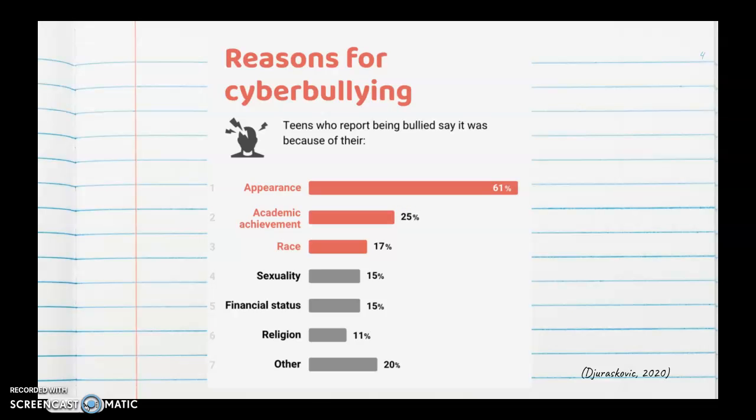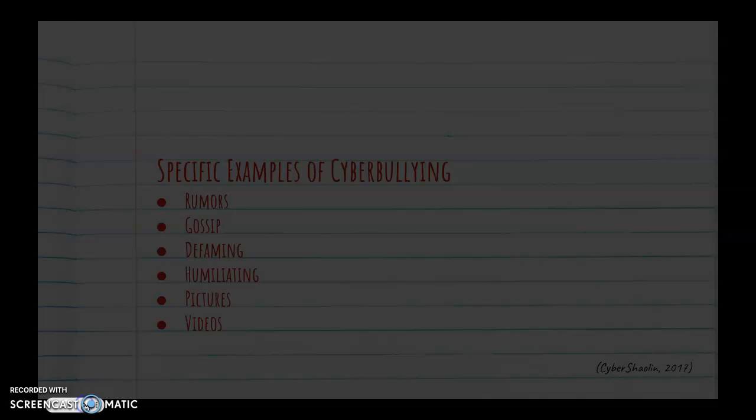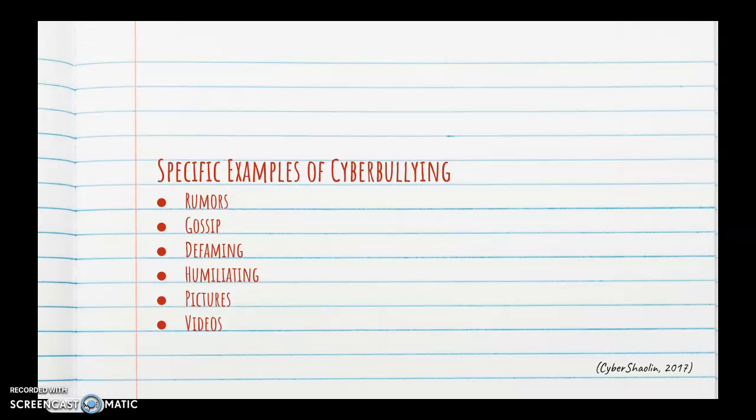I am showing you a statistic here showing the different levels of reported cyberbullying, and you can see that 61% of the reported cyberbullying is based off of students' appearance, and the lowest is religion at 11%. A few specific examples of cyberbullying would be rumors, gossip, defaming, humiliating, and then embarrassing or humiliating pictures and or videos that are posted without consent of the main person.